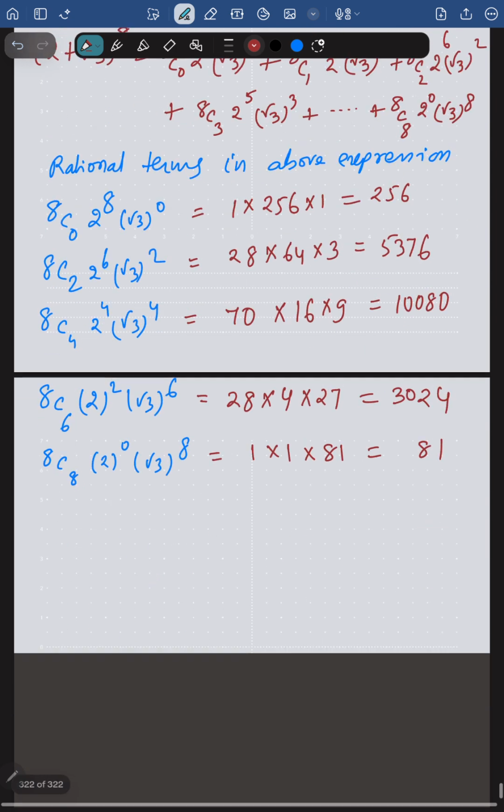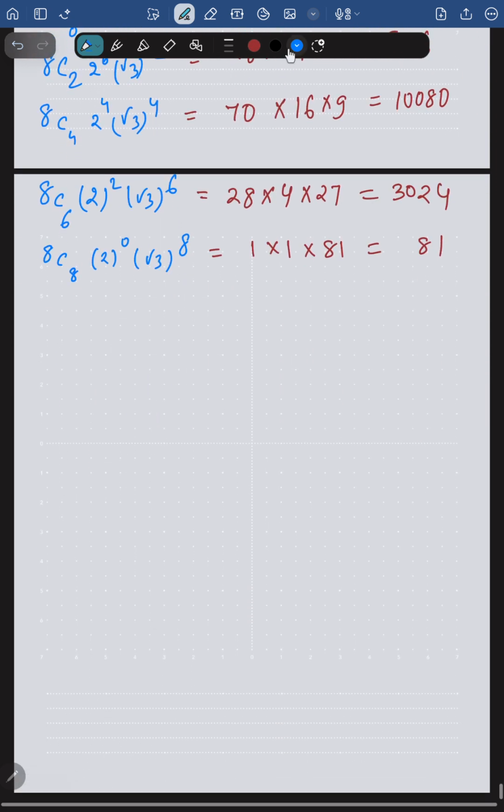Now add all these, we just find out the sum.